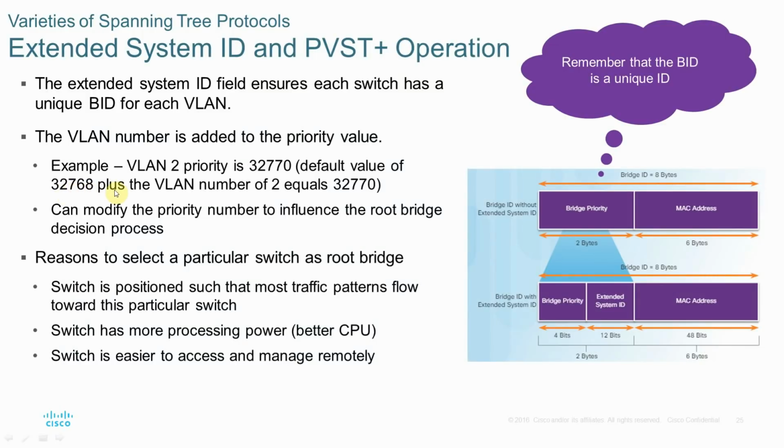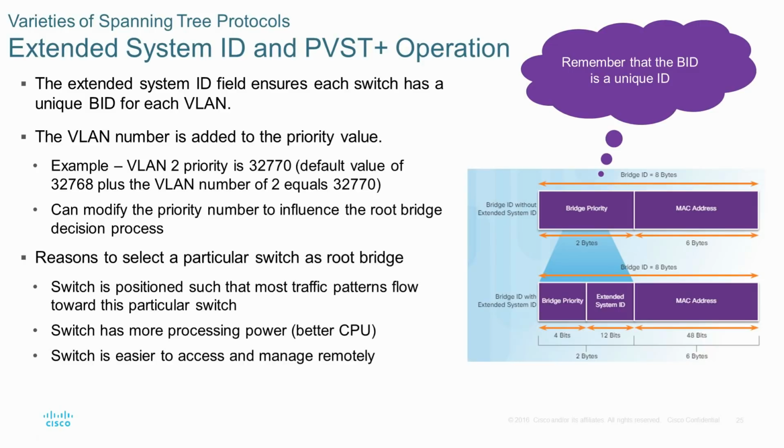This priority value can be modified. You can set any value, because you need to select the root bridge, and you can make any switch the root bridge. The reason to select a particular switch as root bridge is that it is positioned such that most traffic flows toward it.